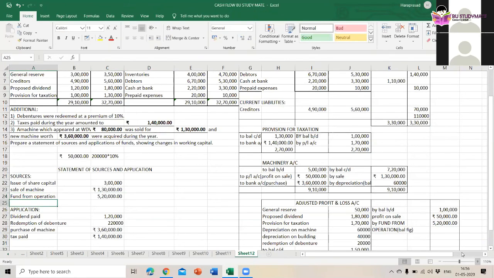Okay, any item we are left with is we have to write down the net increase or decrease in the working capital here. In the statement of changes of working capital we got a net increase in working capital. How much it is? 1,10,000 rupees.